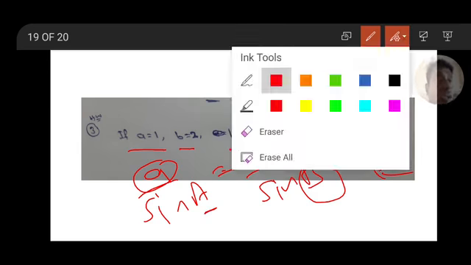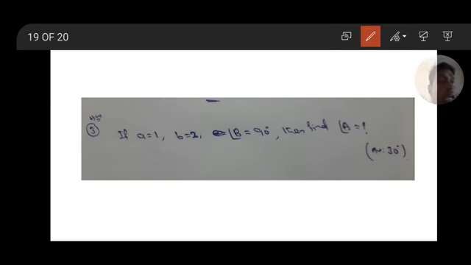So in today's class we discussed the first chapter, properties of triangles. In that we discussed the circumcircle definition, incircle definition and excircle definition and relations, sine rule, cosine rule, projection rule, and the law of tangents.